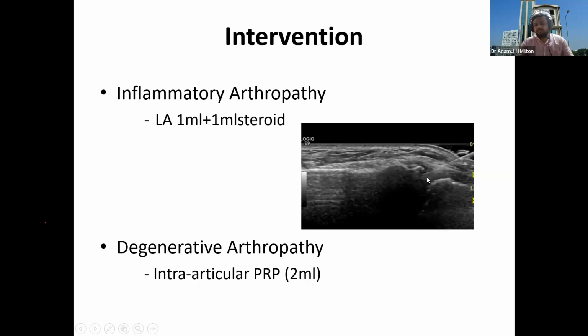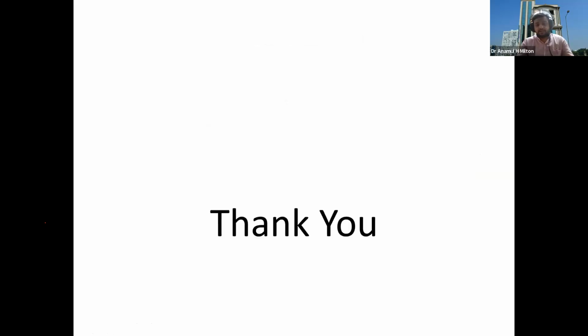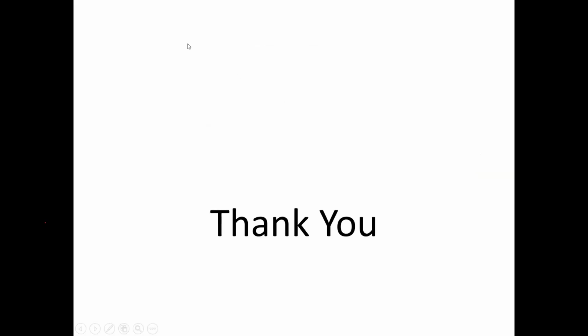You cross this tendon and the synovial membrane, and you can consider your injection. If it is inflammatory, you can consider the steroid. If it is degenerative, you can consider PRP. Thank you for sharing, Dr. Milton. Very nice and elaborate presentation.